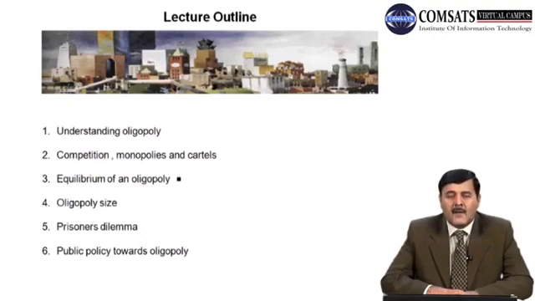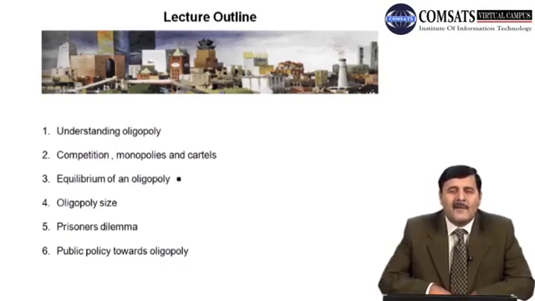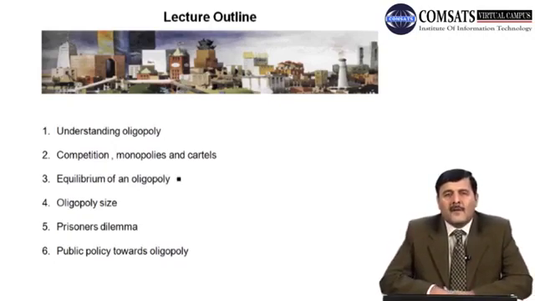So we'll talk about these three different concepts, and then we'll try to establish the equilibrium of an oligopolistic firm, and then we'll also talk about the size of the oligopoly firms, how many firms are there in an oligopoly market structure, and then we'll try to explain the prisoner's dilemma, or we'll talk about game theory, how the firms under oligopoly can maximize their profit, how they can interact with each other.